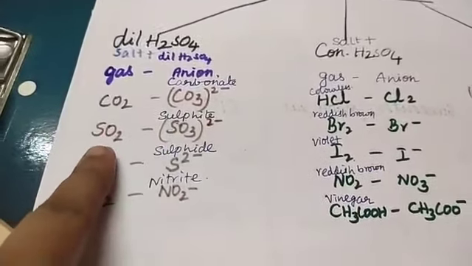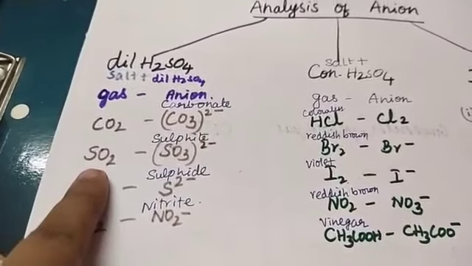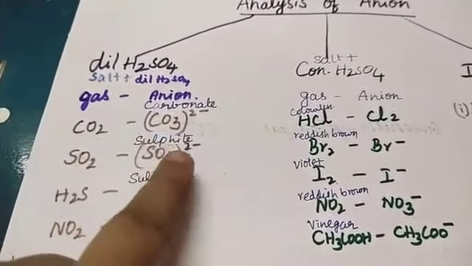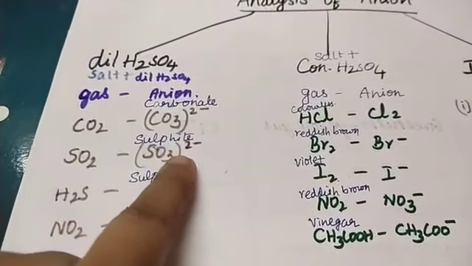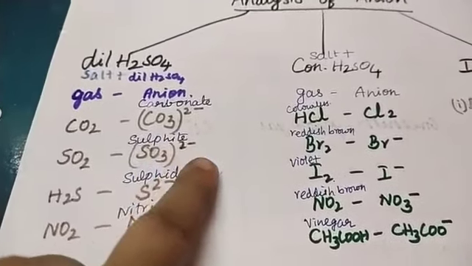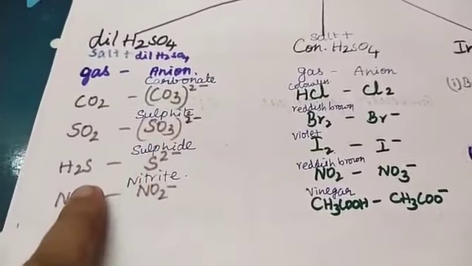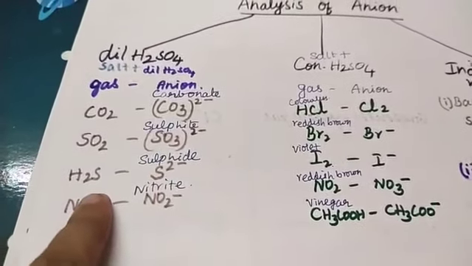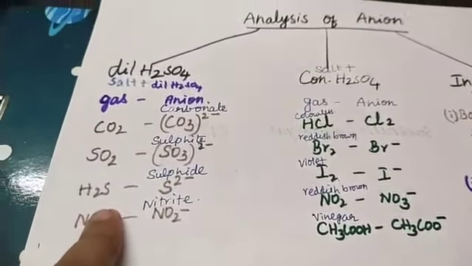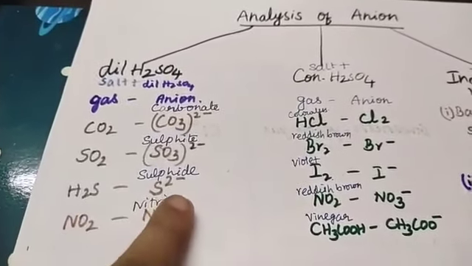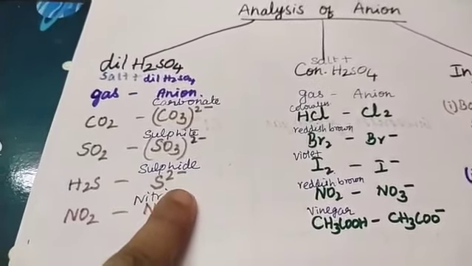If you are getting burning sulfur smell, then your anion is sulfite, SO3 2 minus. If you are getting H2S gas smell, that is a rotten egg smell, then it is sulfide ion, S2 minus.